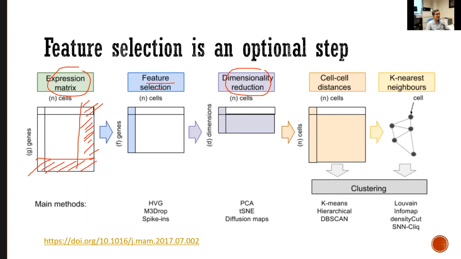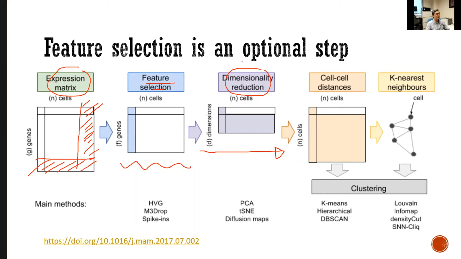The purpose of feature selection is to increase the computational efficiency of the downstream process, use less computational power, and get rid of some noise and less important information from the original matrix, in order to get better performance for downstream analysis. So that's the purpose of this.